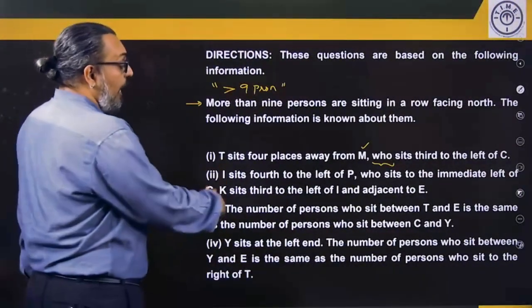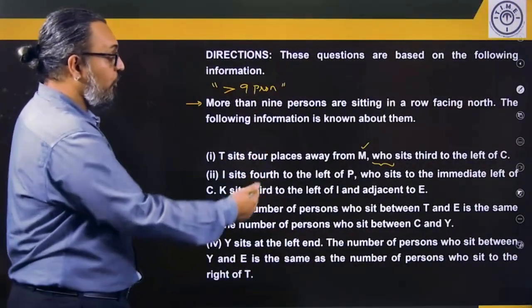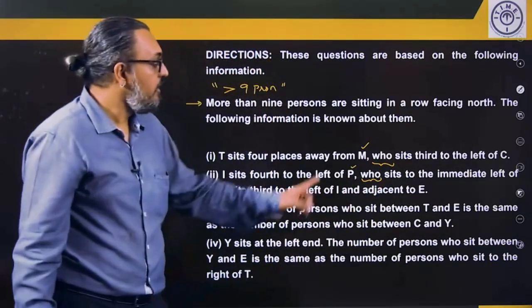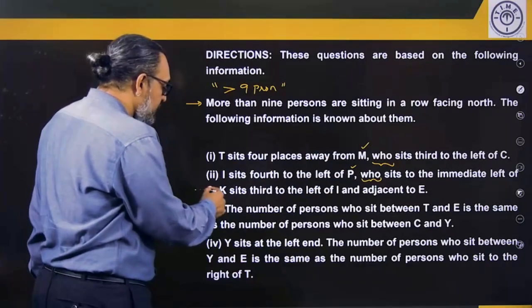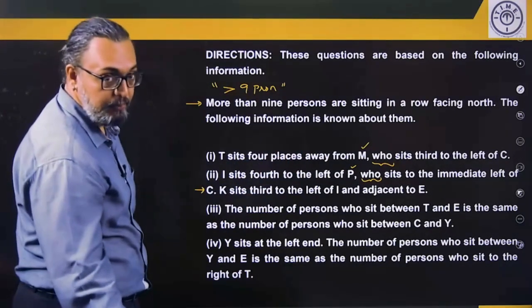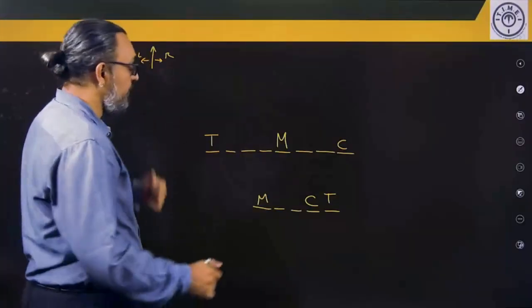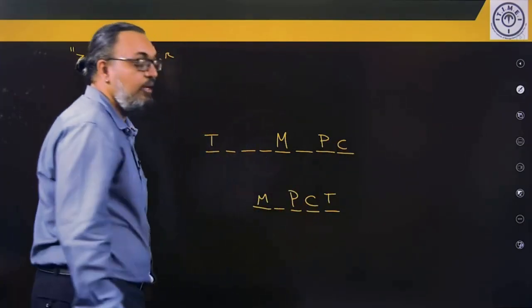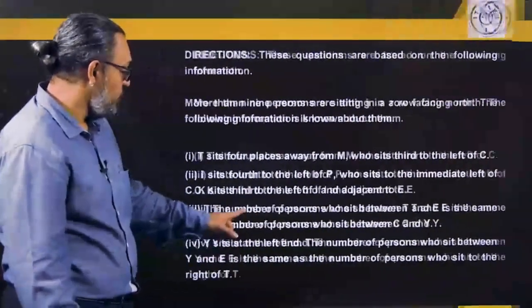Then I sits 4th to the left of P, who sits to the immediate left of C. Let us fix that. Immediate left of C, first you need P. You pick P in both cases. And what was the earlier instruction?